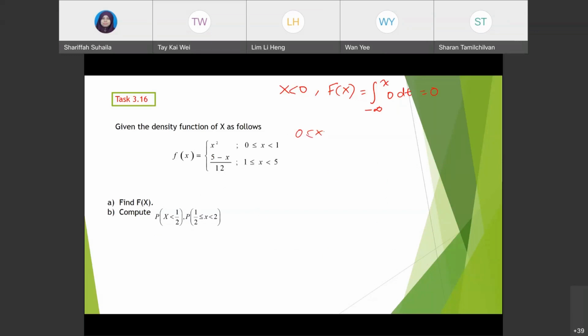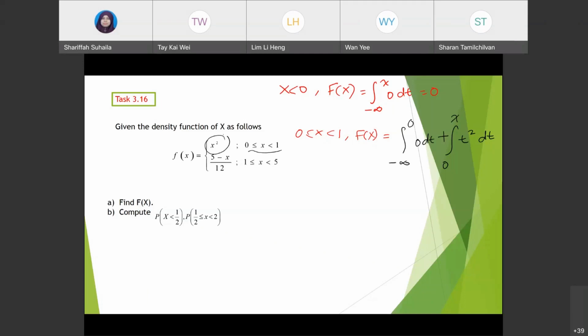Kita copy back dia punya range tu. Fx, again here, you will have the integral from minus infinity to 0 of 0 dt plus the integral from 0 up to x of t squared dt. Ini first range there, 0 and 1.